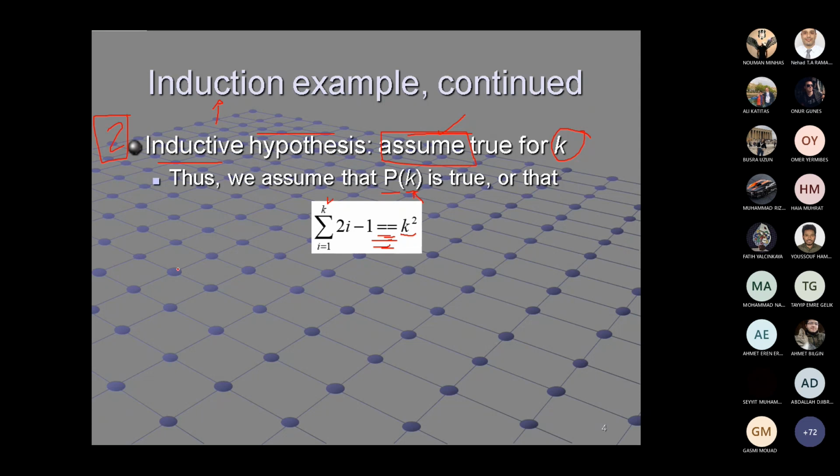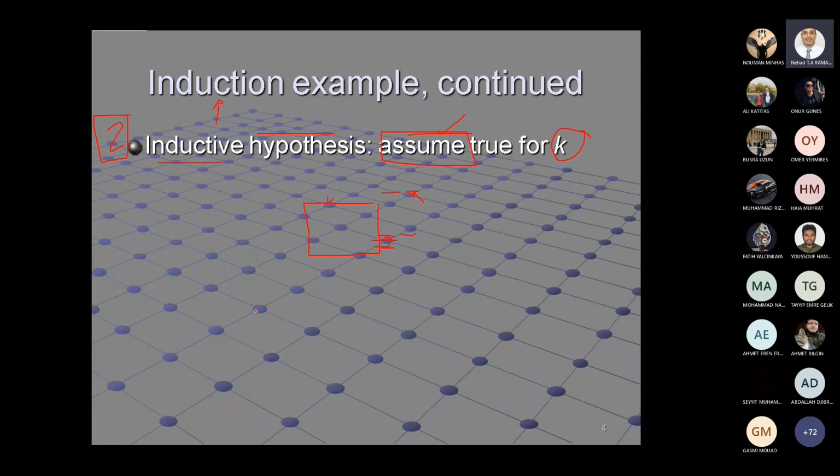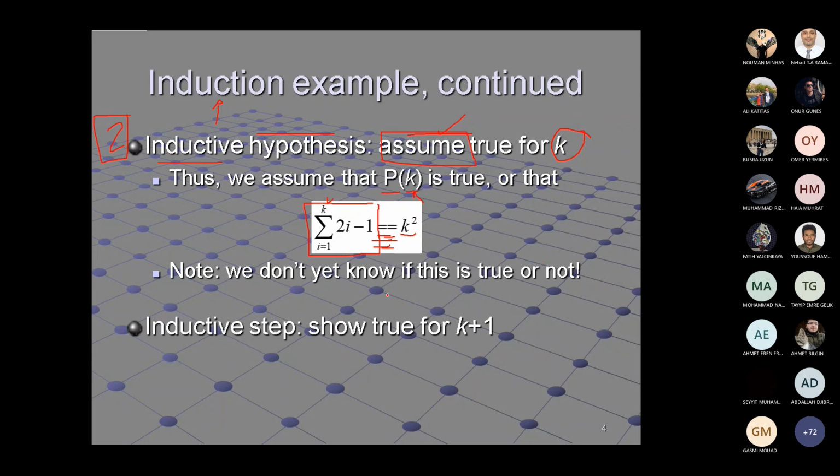Third part, we will prove that for k plus 1, it's correct. We will use k plus 1 on this side, and we reach k plus 1 for the other side. So now the third step, which is called the inductive step.